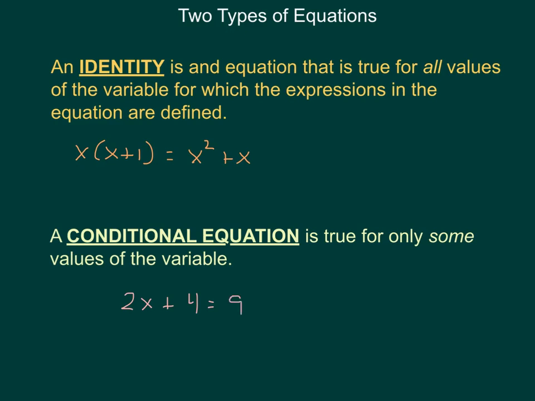There are values of x that make it true. There are a whole lot of values of x that will make that thing false. So in the first one up here, this is true for every value of x. No matter which one you put in there, it is going to be true. And this one down here is only true for some values, or as in this case, just one value. But there could be 2 or 3 that would work.